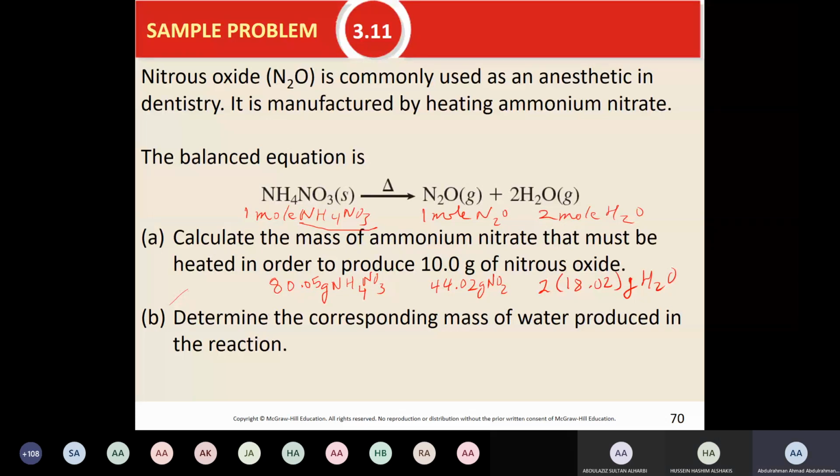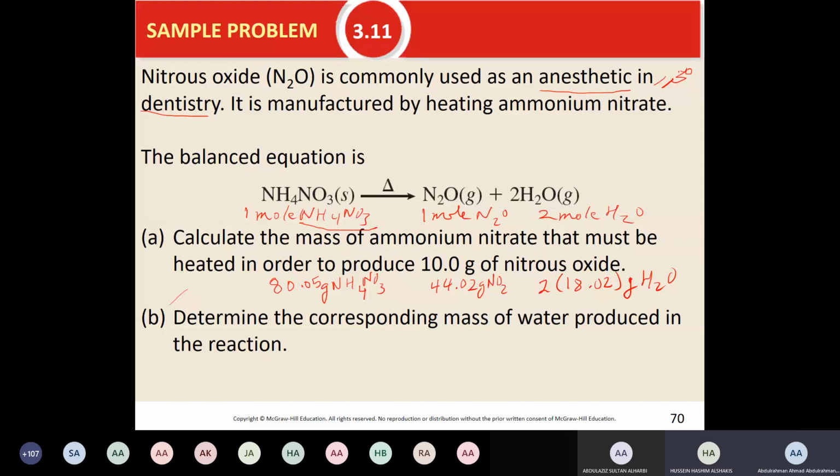Clear. Now, nitrous oxide is commonly used as an anesthetic in dentistry. What does anesthetic mean? Okay, dentistry. We make it by this reaction.